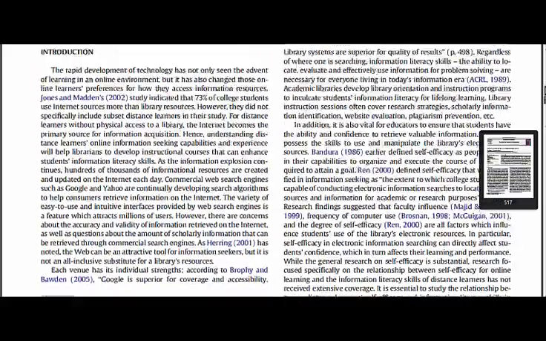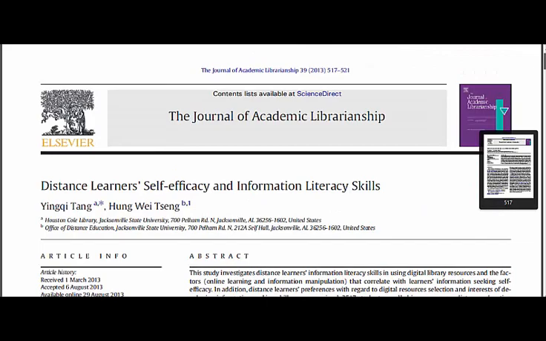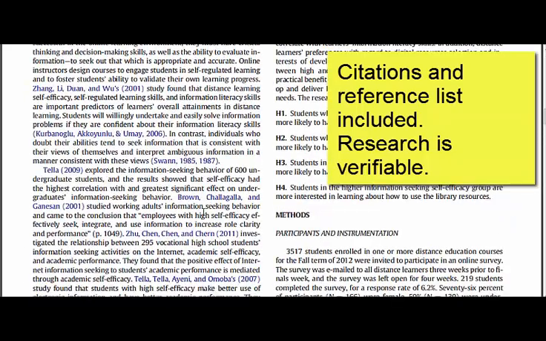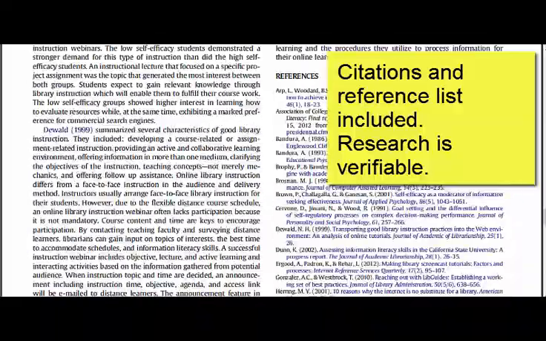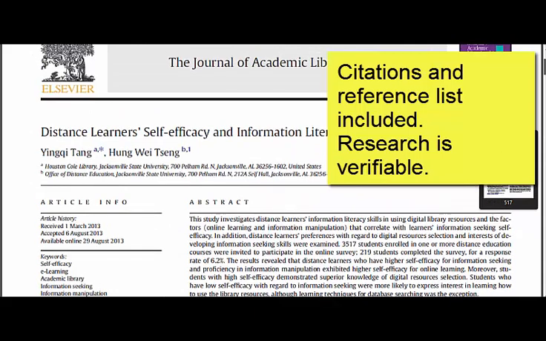Let us summarize the observations of this article. It is supported by cited works and a list of references, the research that was conducted is verifiable, and it also has an abstract. A rating of 9 out of 10 benefits this article.